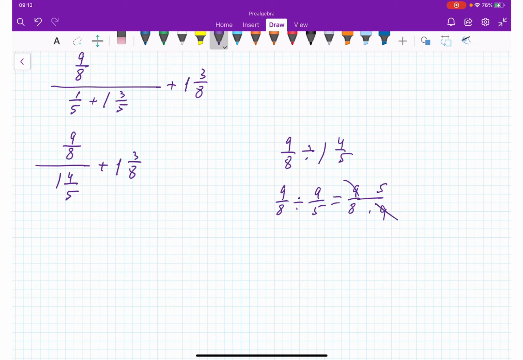This is gone, we get 5 over 8. So here we are getting 5 over 8 plus 1 and 3/8, which is going to be, since the denominator is the same, 1 and 5 plus 3 is going to be 8 over 8, which is equal to 1, right? We cancel it, you get 1. And the answer is 2.